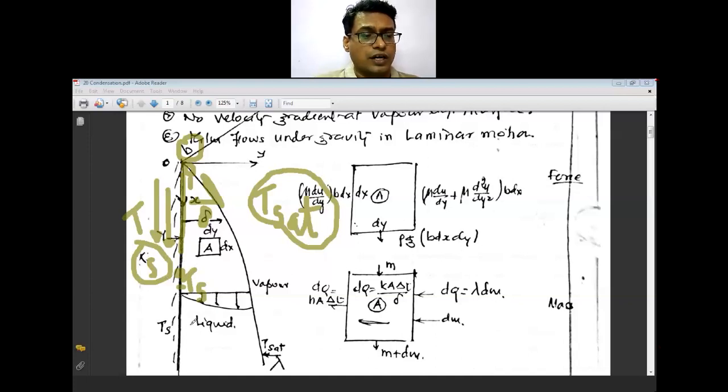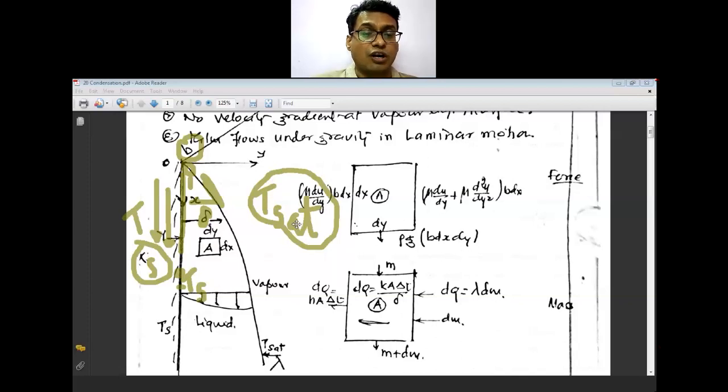Then the thermal conductivity, viscosity, and density of the condensate film are independent of temperature. Then vapors on condensation give only the latent heat. That is one important consideration.